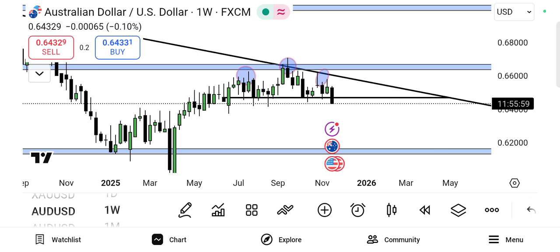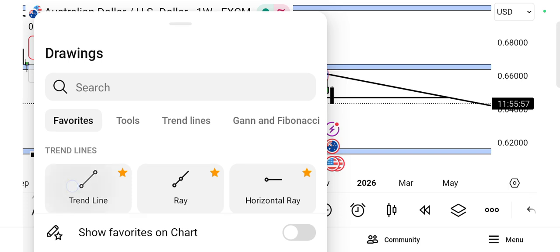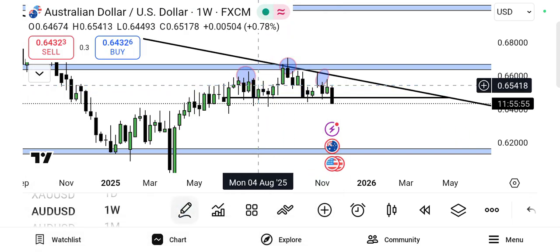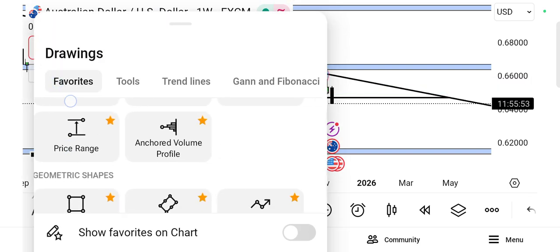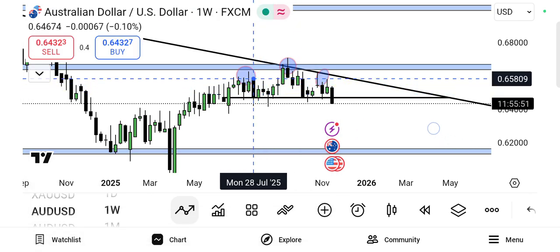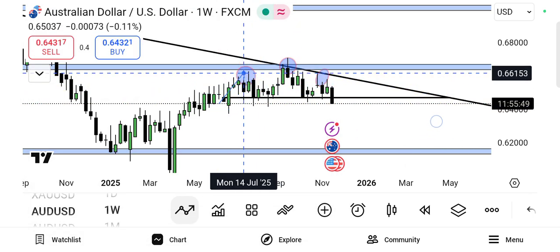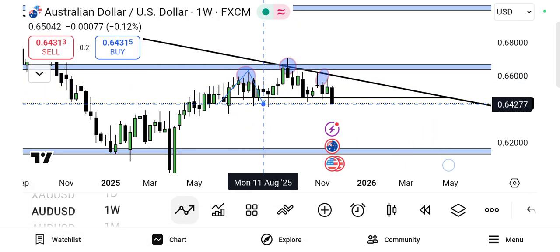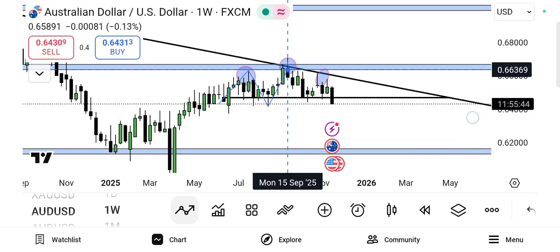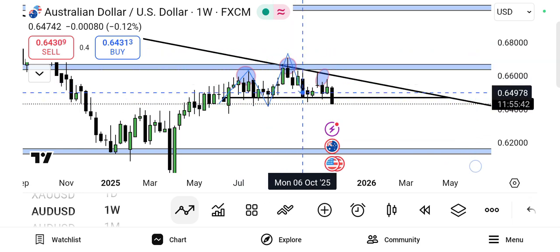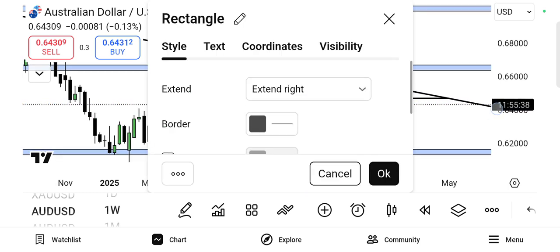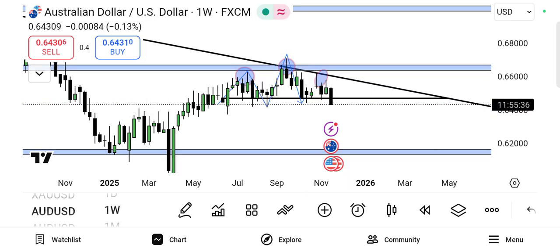So this is the head and shoulders pattern: left shoulder, neckline, head, neckline, right shoulder. What's going on here?